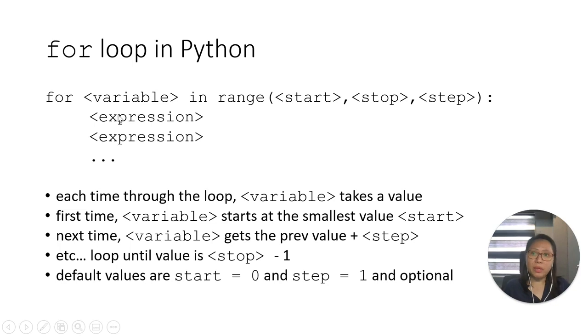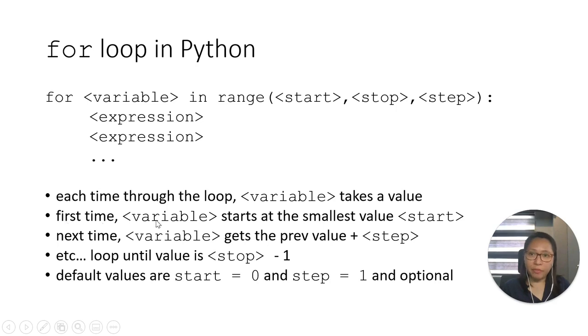So in Python, the syntax of for loop is this one. We have for, the variable, in range, and then inside parentheses, we have start, comma, stop, comma, step, colon, and then the code block. So this means each time through the loop, variable takes a value.